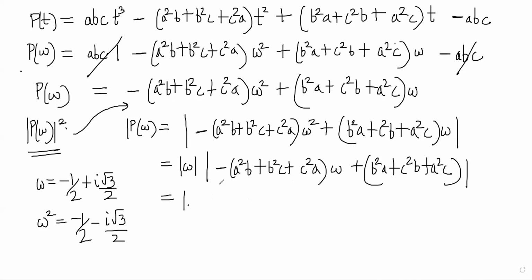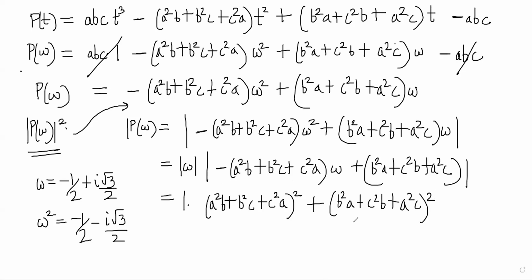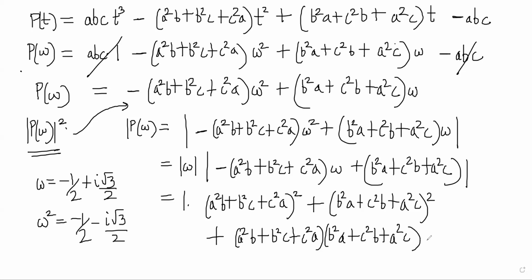And when you calculate the mod of this, it will become (a square b plus b square c plus c square a) whole square plus (b square a plus c square b plus a square c) whole square plus (a square b plus b square c plus c square a) times (b square a plus c square b plus a square c).